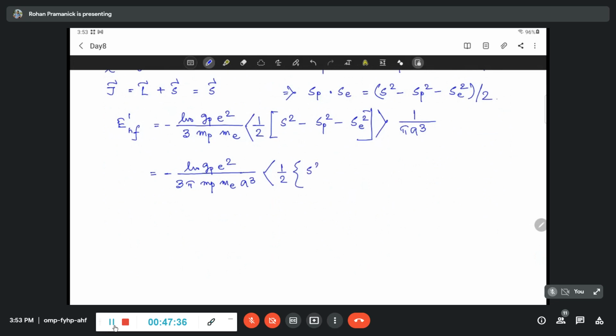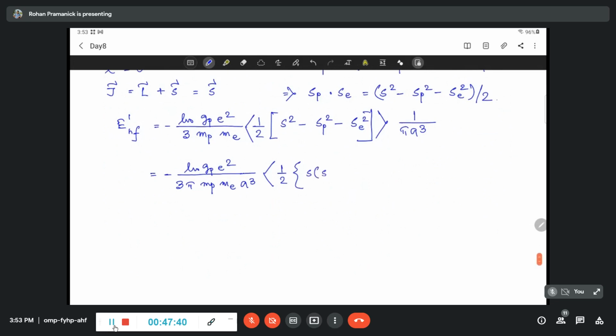S squared, sorry, so the eigenvalues of S squared is S times S plus 1 minus s_p times s_p plus 1 minus s_e times s_e plus 1.